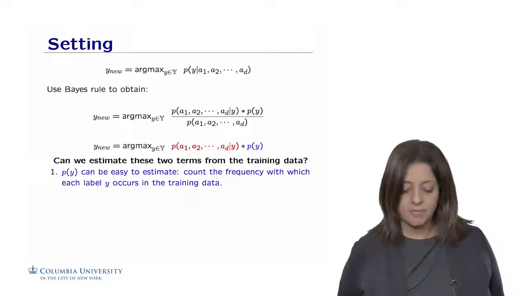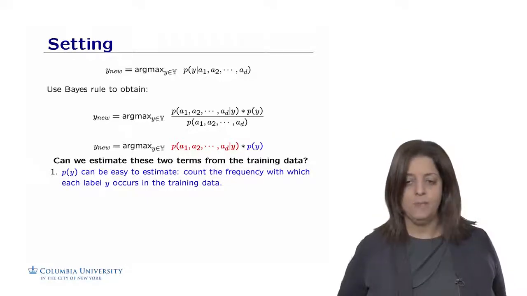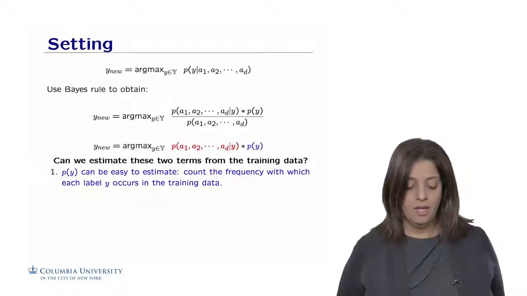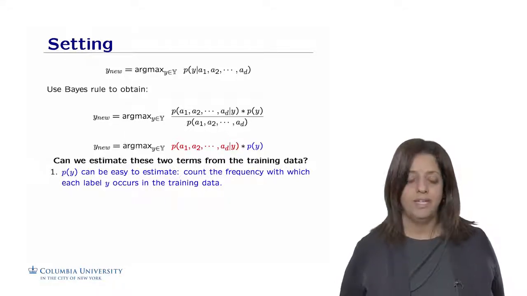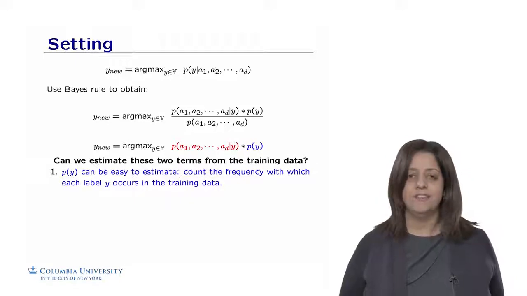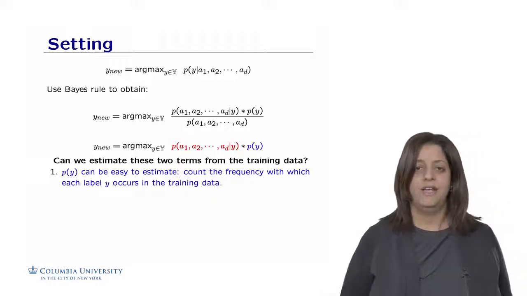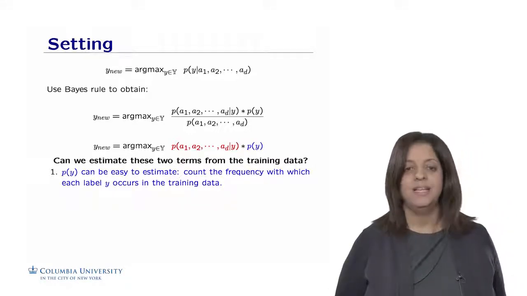So we just count the frequency with which each label Y occurs in the training data. How many yes you have, how many no you have, just like in the example we have seen before about hiring applicants. P of Y can be easily estimated from the data by counting the frequency of positive, let's say, and negative examples in the data.